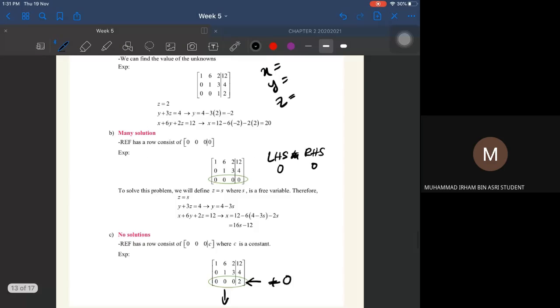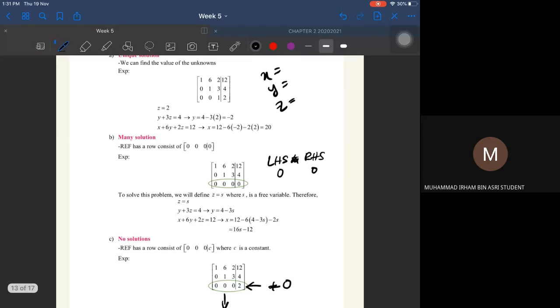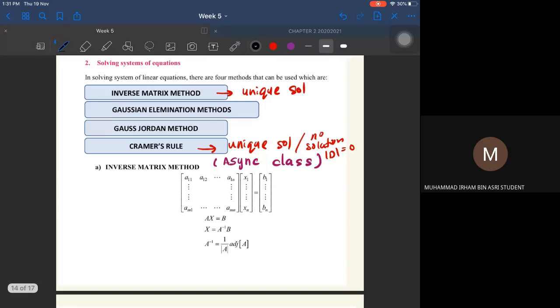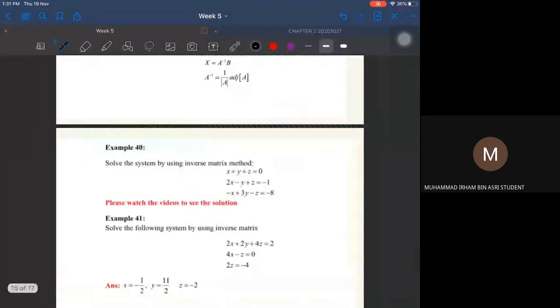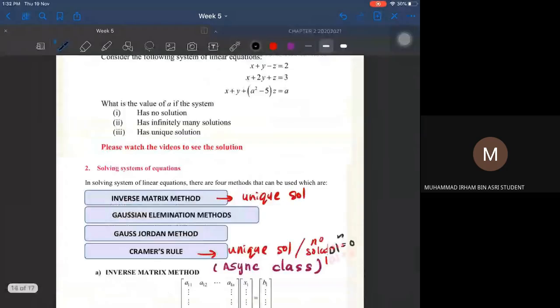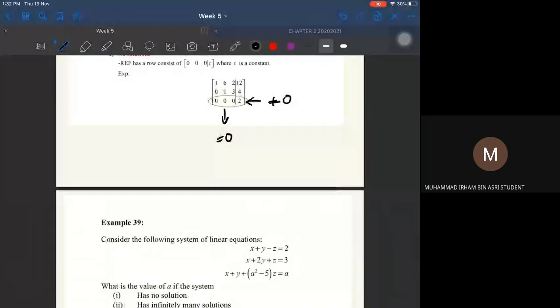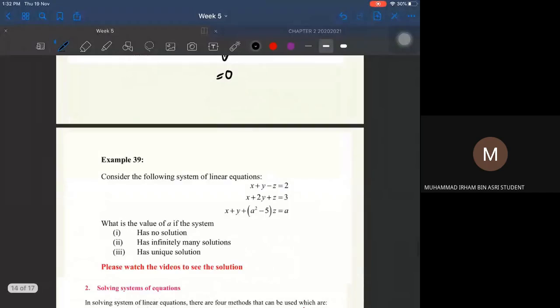Okay, kalau unique solution, you ada value lah, you boleh cari nilai x, y, z. Itu beza dia. Okay, so in the next class, bila kita solve Gaussian elimination or Gauss-Jordan, kita akan tengok sama ada solution yang kita ada tu adalah unique ataupun no solution ataupun many solution. Okay, so saya just nak explain type of solution saja.